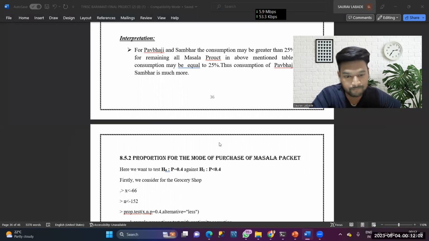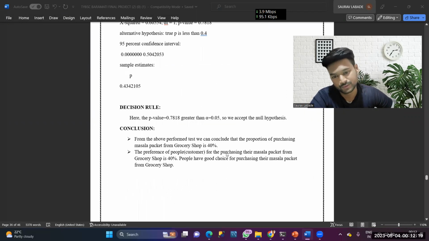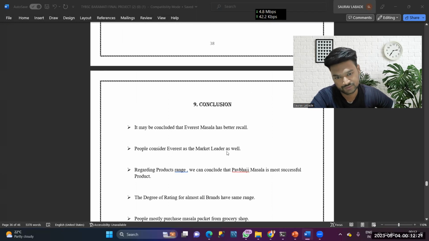Or you can use the proportion test if it is required or if you want. But the simple test I can suggest is the chi-square test, and it will give you more specific insights. So these are the tests which you can use.